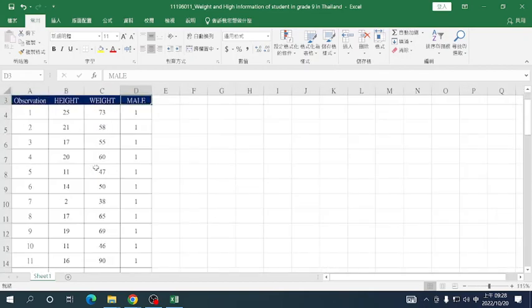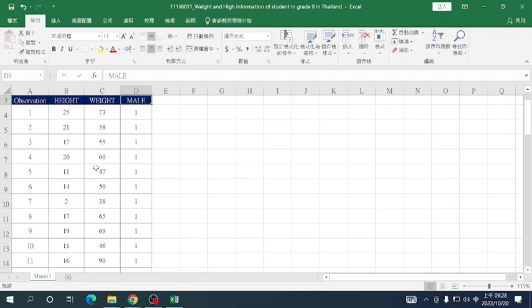Then what's the measurement unit of this? What's the height? 25 means what? I collected the data in centimeters, above 150.